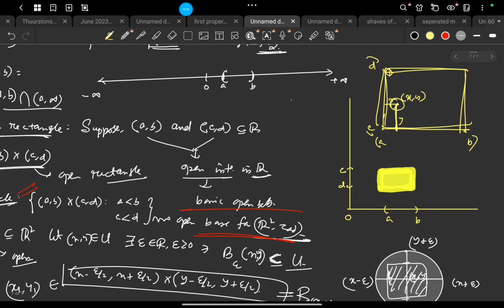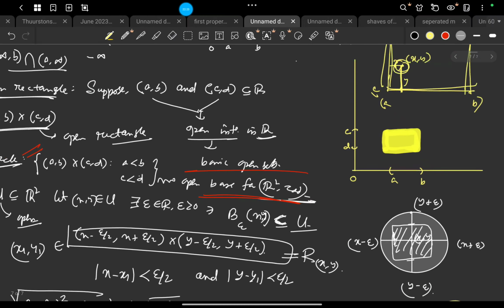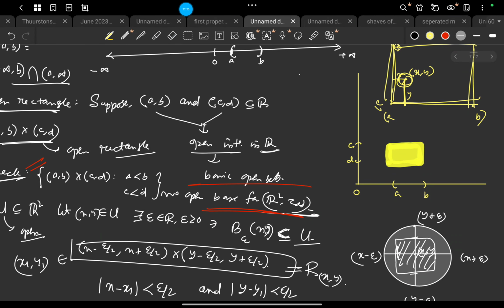Take the minimum of them, make this distance half, and consider the prescribed circle around (x, y), and that circle will be completely inside this open rectangle. This is how one can do it. It is a very good exercise and of course a very fantastic mind-storm game. That means in the case of the normal Euclidean topology, the collection of all open rectangles and the collection of all open balls are basically equivalent to each other.